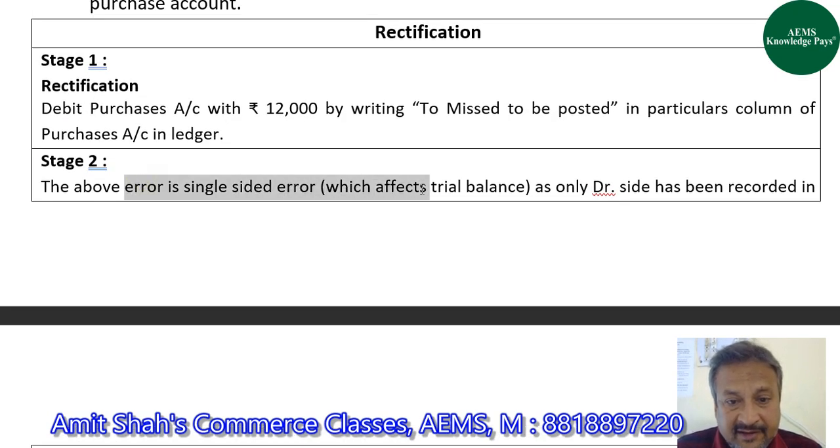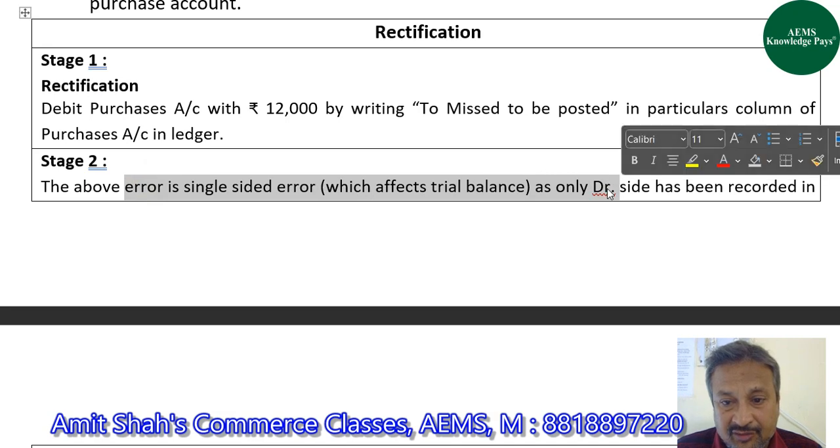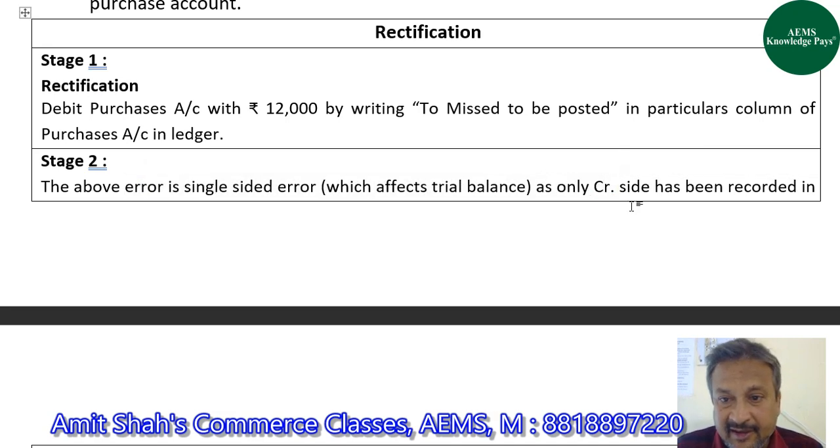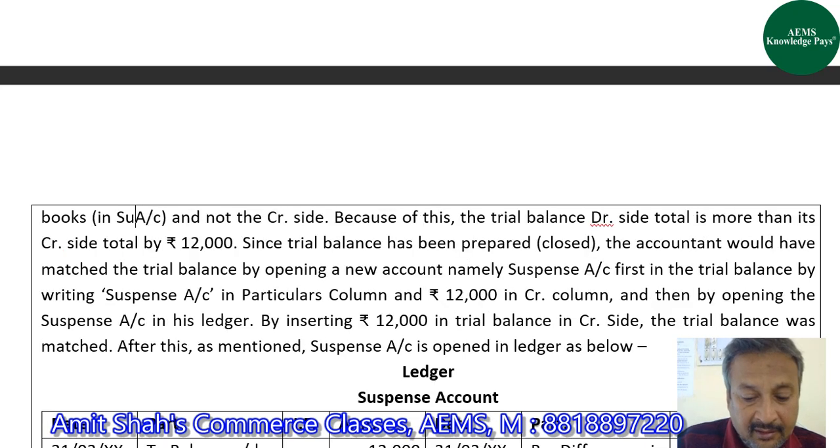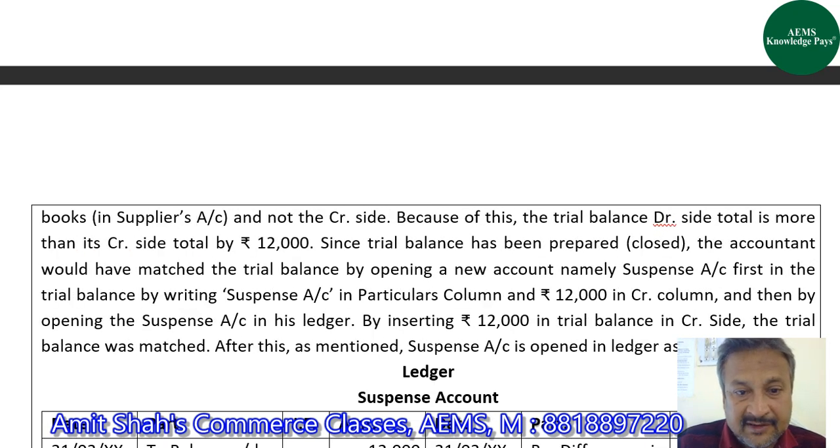So the above error is a single-sided error which affects trial balance as only the credit side has been recorded in books, in suppliers account and not the debit side. Because of this, the trial balance credit side total is more than its debit side total by rupees 12,000.